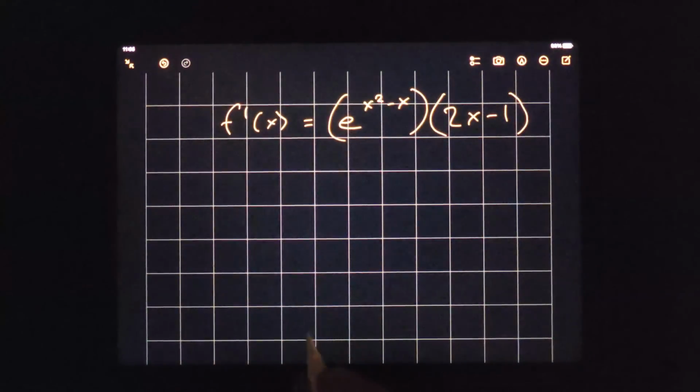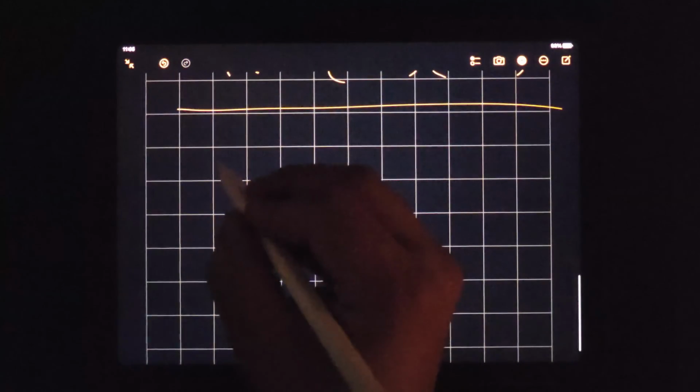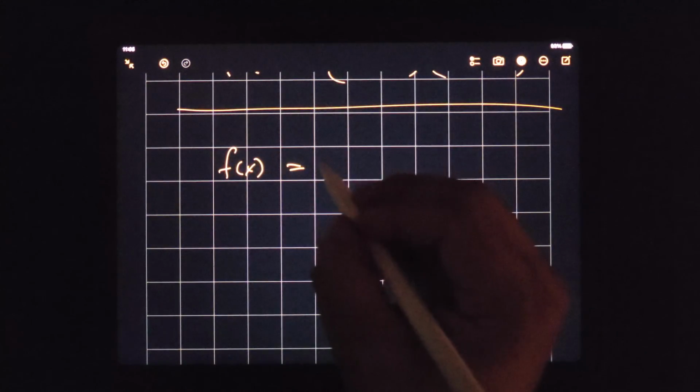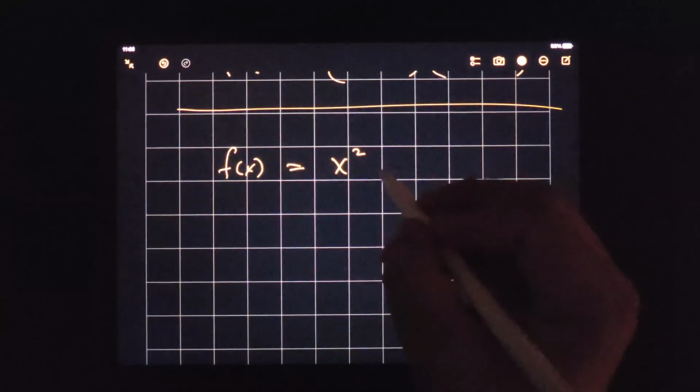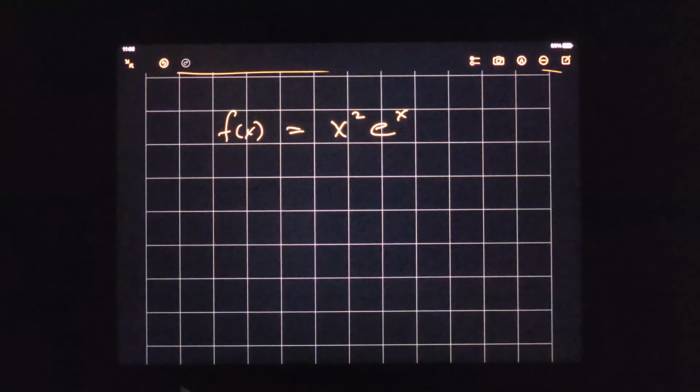Let's see what else we can do. Say we have f of x equal to x squared e to the x. We can use the product rule here.